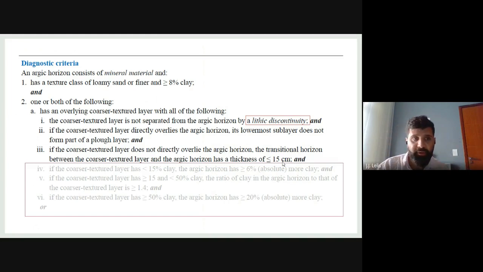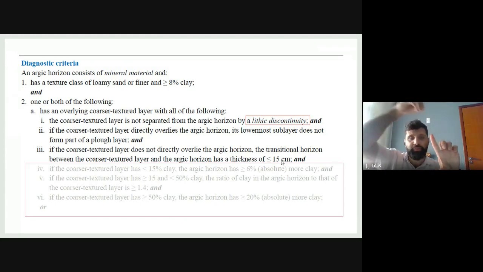For example, if I have a soil profile with an A horizon and a B horizon, or for example, an A horizon, an AB horizon, and a B horizon, and this AB horizon has more than 15 centimeters, I should use the difference of clay content between the B and this AB horizon.